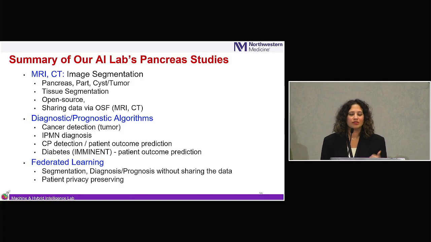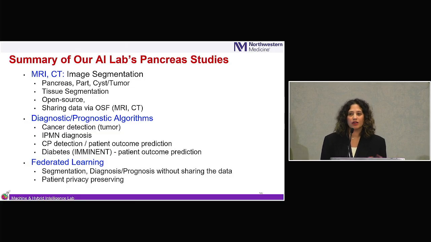What have we been doing in our lab so far? We are working on pancreas segmentation. You all know very well that the pancreas is a really hard organ, even to differentiate its borders from the other organs in the scans. We also did pancreas part segmentation, and cyst and tumor segmentation. And fat is also a very popular tissue segmentation.